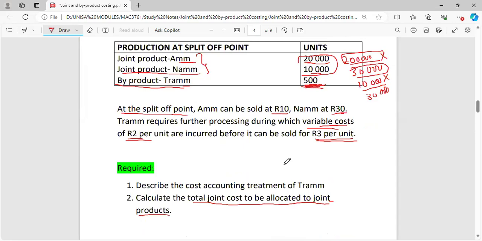Right, so when we are here, but there are no costs here. When you are using the constant gross profit, you need the total sales minus total cost.